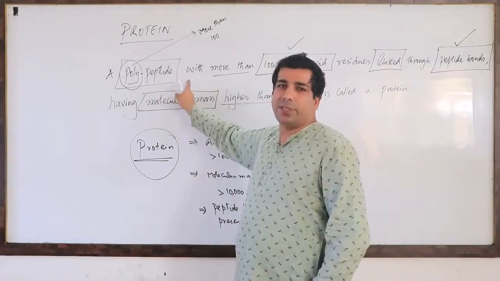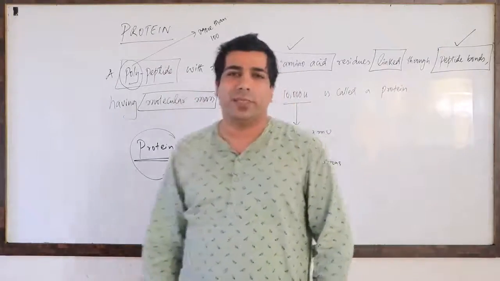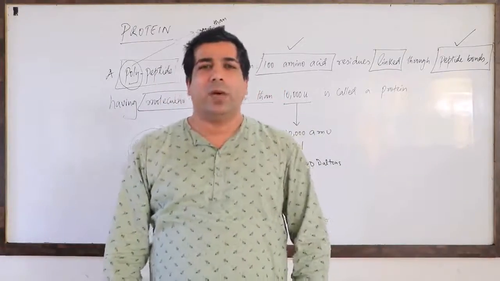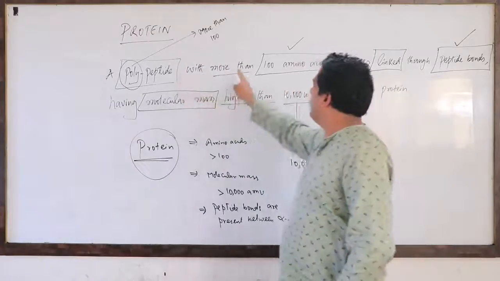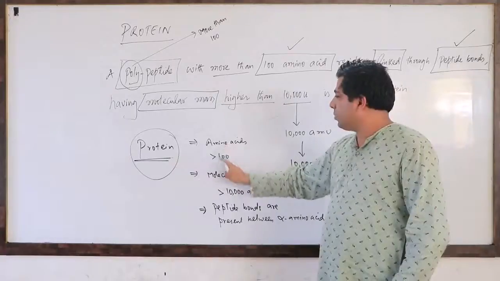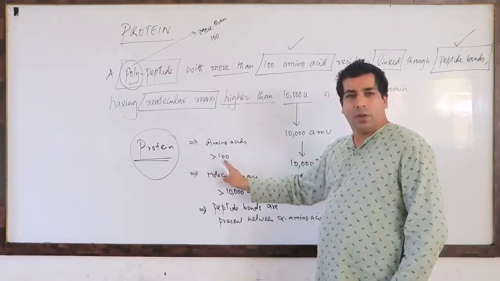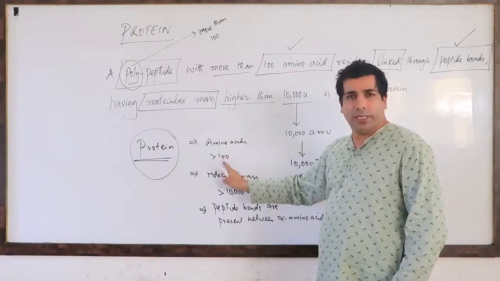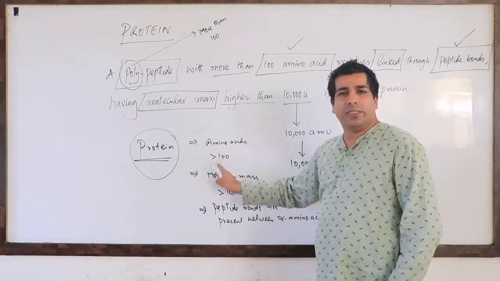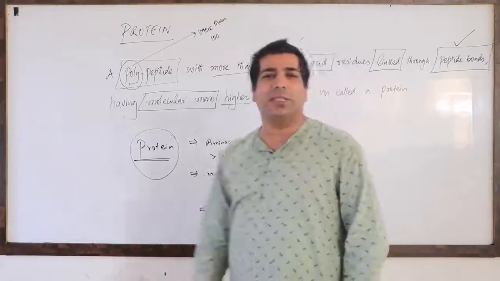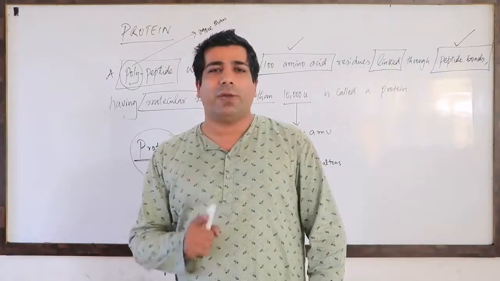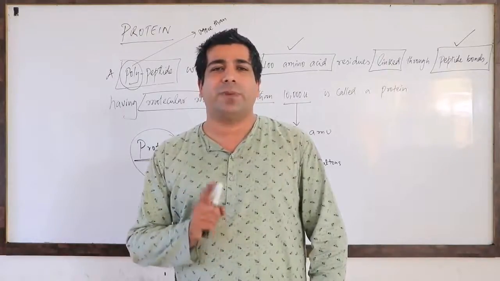There is an exception, and that exception is insulin. Insulin is basically a protein and it's a hormone as well. What is the condition for a substance to be a protein? For any substance to be a protein, the number of amino acids has to be greater than 100. But in the exceptional case of insulin, a protein and hormone also, the number of amino acids is just 51.